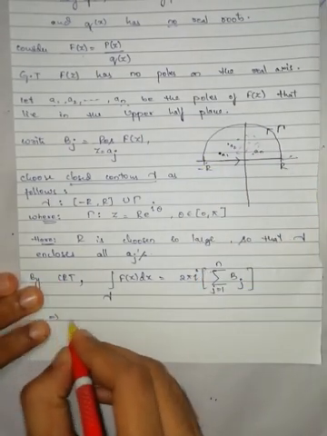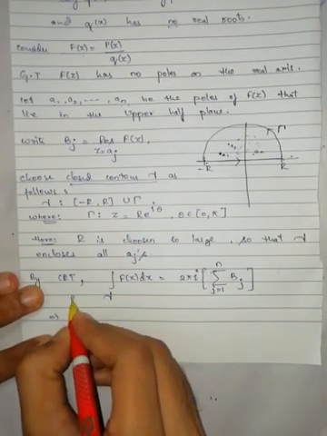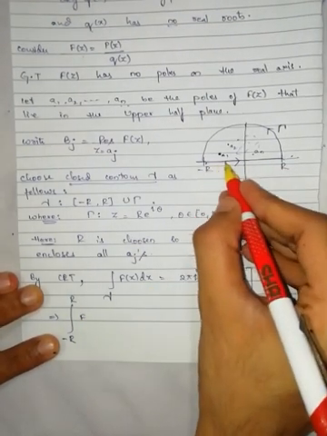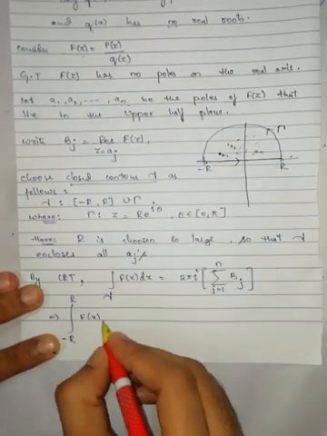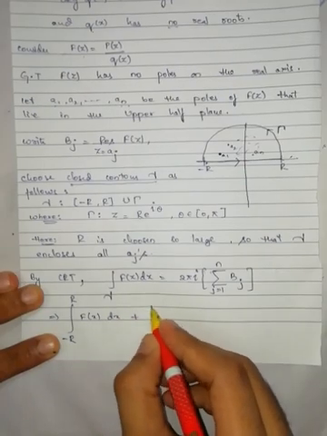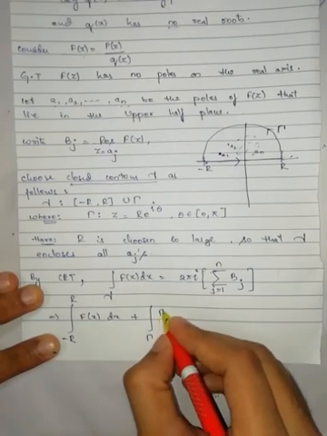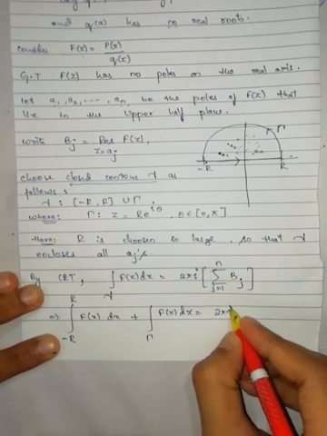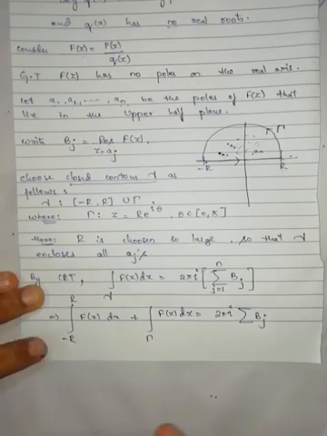This implies small gamma can be written as the integration from minus R to R of capital F of x dx, instead of z I am using x because it is a segment of the real axis, its imaginary part is 0, plus the integration over capital Gamma of F of z dz is equal to 2 pi i times the summation of bj. Now letting R tend to infinity.